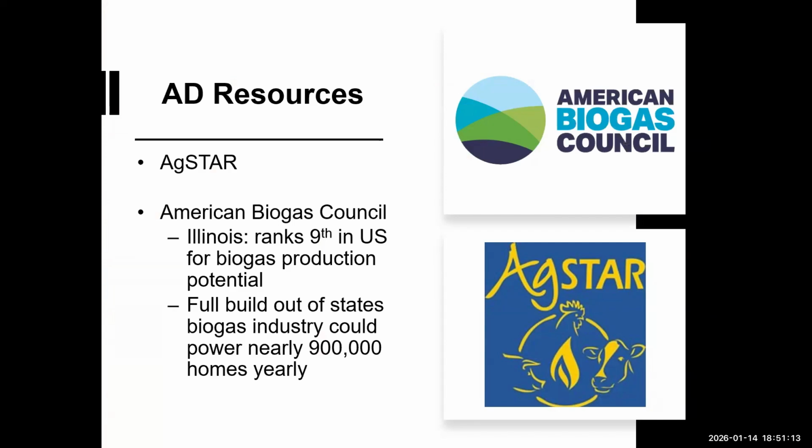And so, if we would have a full build out of the state's biogas industry, that includes, say, the digestion of manure, wastewater, that means that we could potentially power 900,000 households yearly. So, this would definitely significantly reduce Illinois' dependence on fossil fuels, and this would cut greenhouse gas emissions.